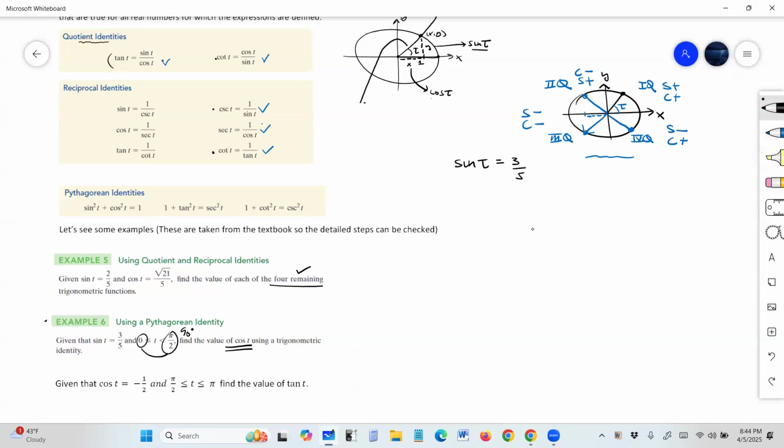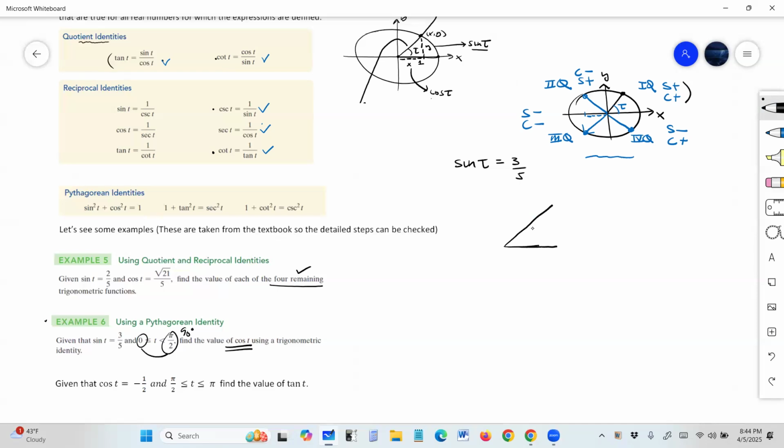Now I know the positive or negative in each case. Again, my angle is in the first quadrant, so I know that both sine and cosine are positive. So I was given sine, and I need to know cosine. So I'm going to draw the small triangle that we get.